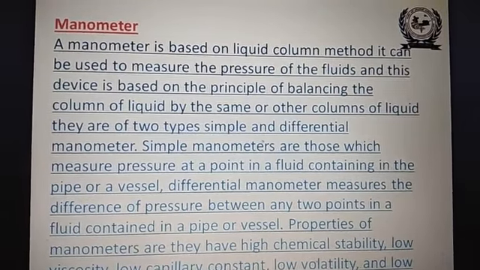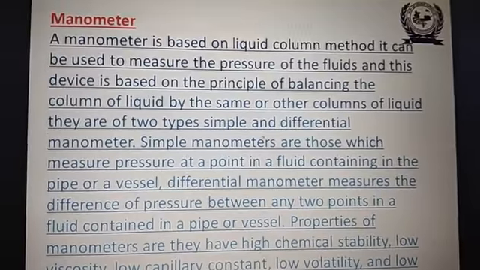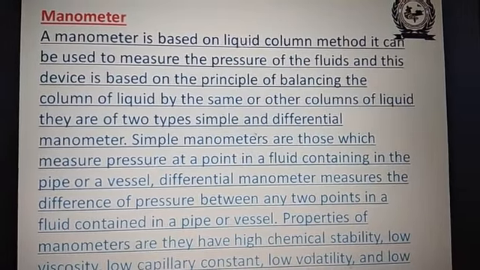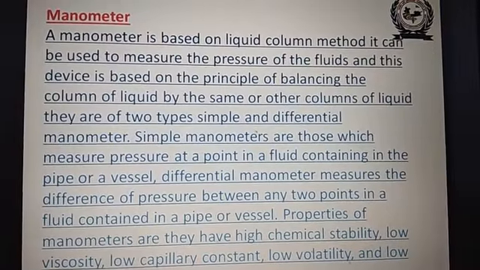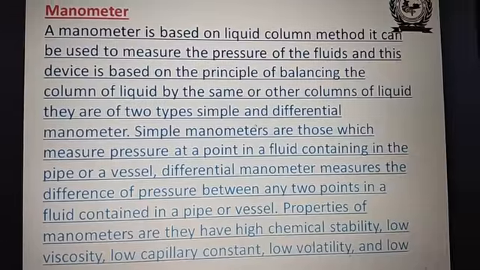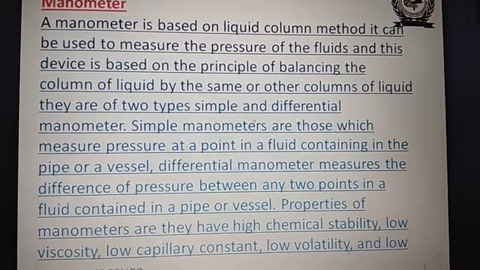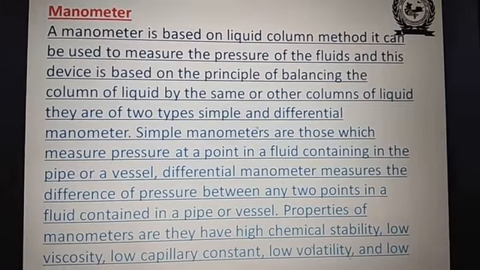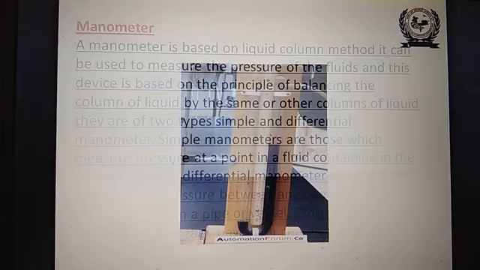So these are two types of manometers. One is the simple manometer and another is the differential manometer. A differential manometer uses the difference of pressure between any two points in a fluid contained in a pipe, and a simple manometer uses the simple fluid height.